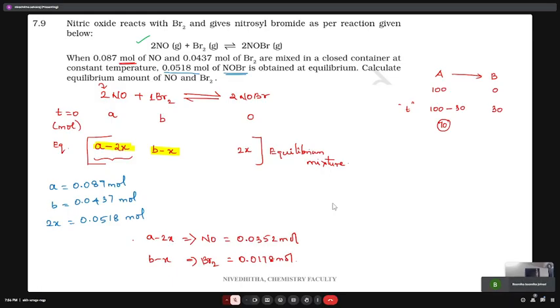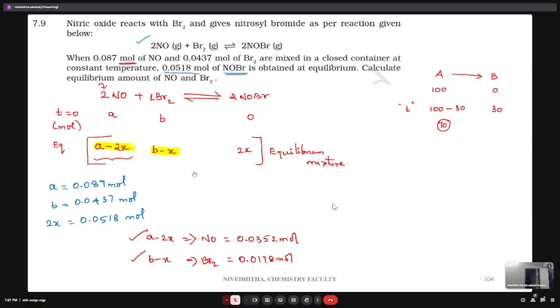That's it. So what was the value of X? Without calculating the X value, we cannot do it, right? Yes, 0.0259. Yes.